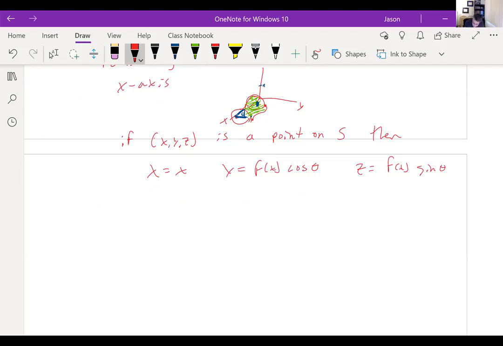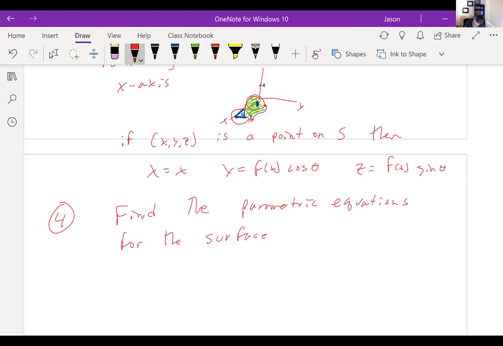So number 4, find the parametric equations for the surface generated by rotating y equals sine x about the x-axis.